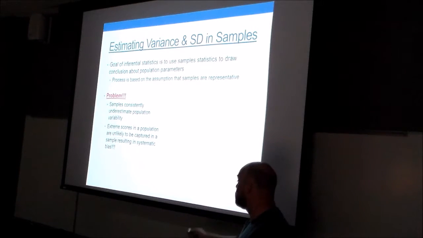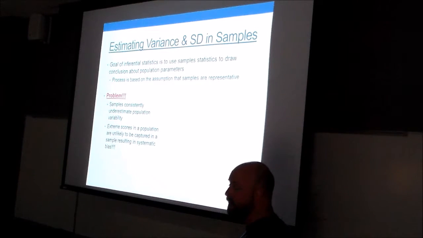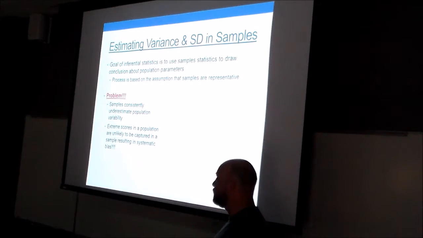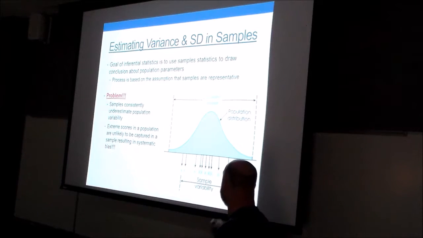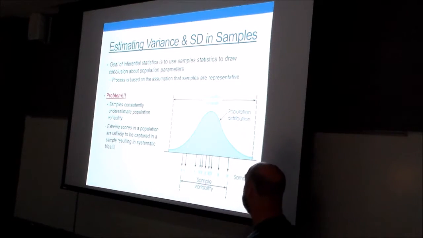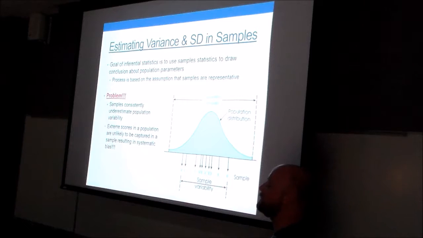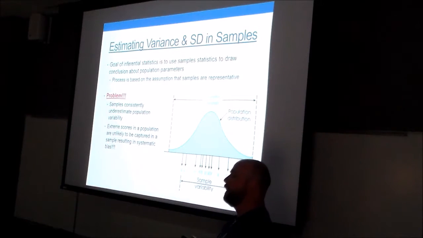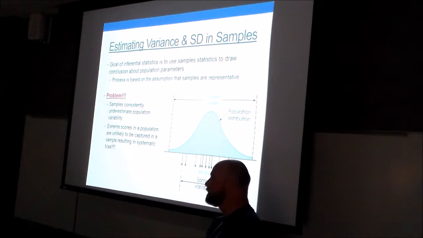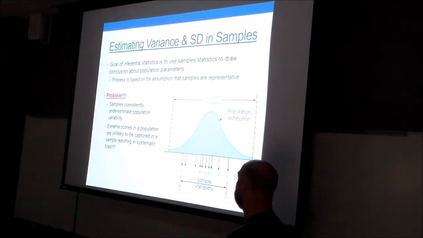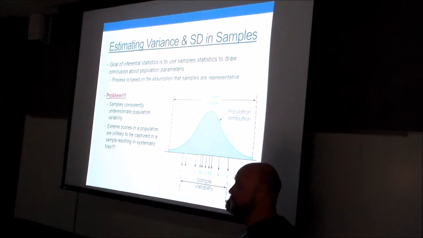Extreme scores in our population probably aren't going to get captured, even with our best sampling strategy, and that results in systematic bias. So here is my population variability. This is any normally distributed variable: height, weight, achievement scores, something along those lines. Even with my best sample, this is where I'm going to sample from, this is where I'm going to get my scores.